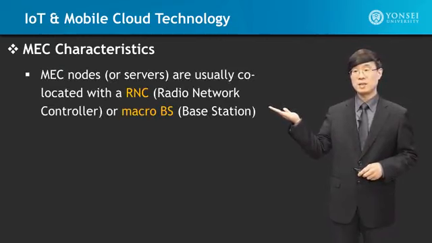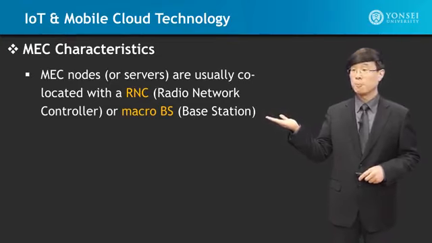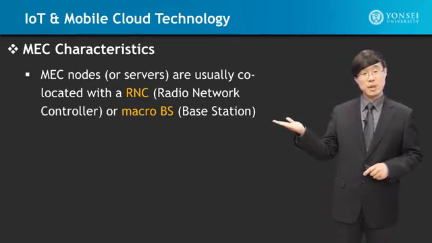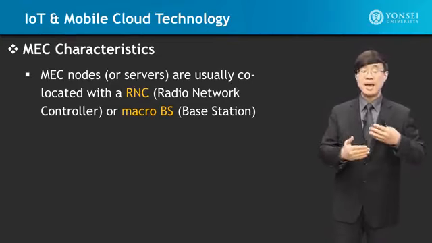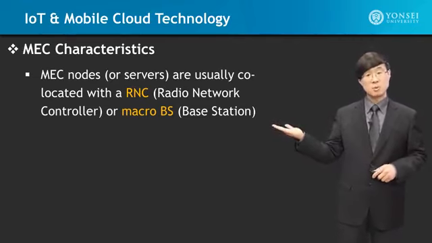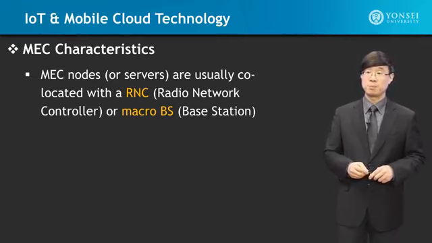Other characteristics include MEC nodes are usually co-located with a radio network controller or macro base station. So I'm right next to them, which means that the data communication mode and other signaling techniques are right there, along with the cloud computing technology, which is one of the benefits of MEC.